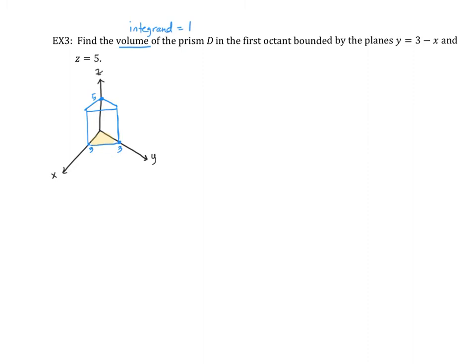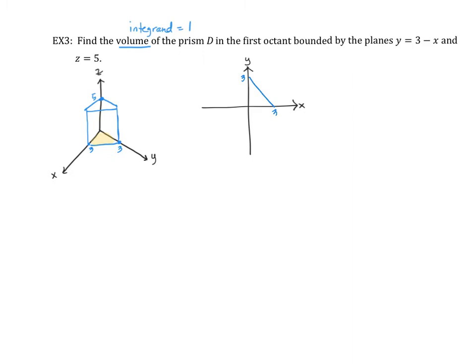So let me go ahead and sketch just the XY plane. Similar to our last example, we would have this triangle. The base is 3, the height is 3.